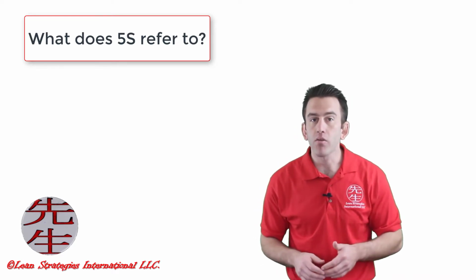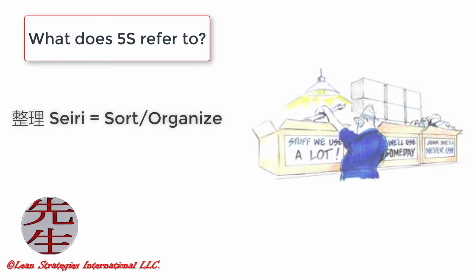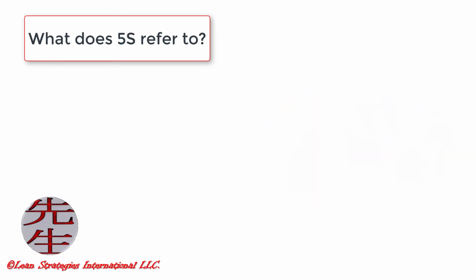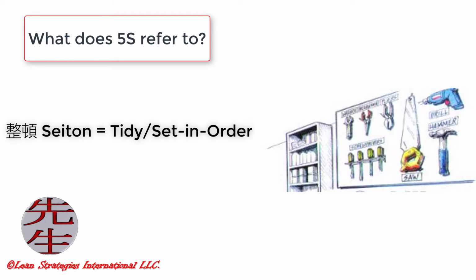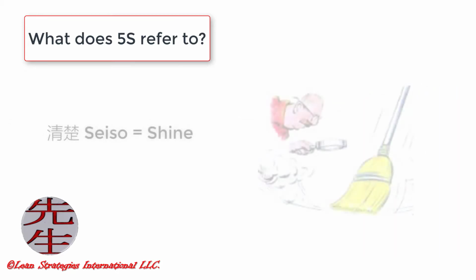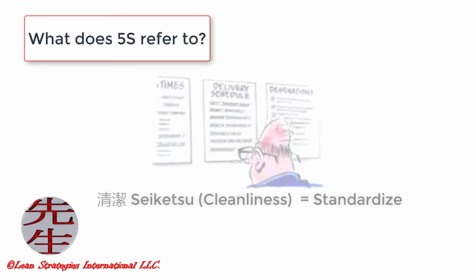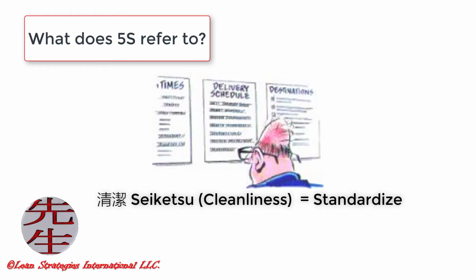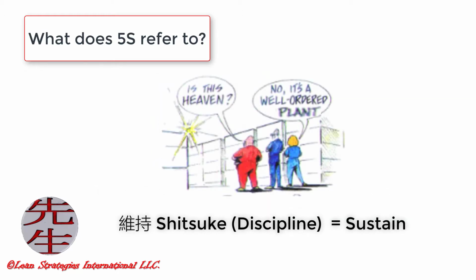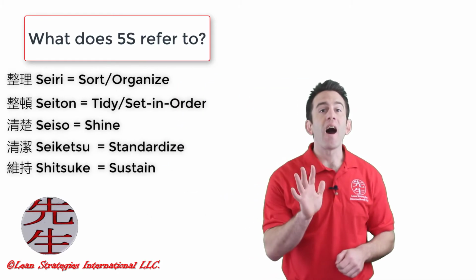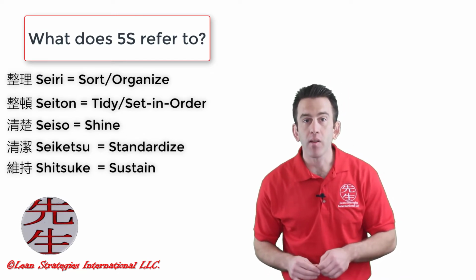Those 5 Japanese terms translated are seiri, which means to sort, seiton, which means to arrange neatly or tidy, but we refer to this second S as straighten or set in order. The third S is seiso, which means to shine. After that we have seiketsu, or to standardize, and finally shitsuke, which actually means discipline, but is normally described as sustain. Together, these 5 steps make up the 5S system.